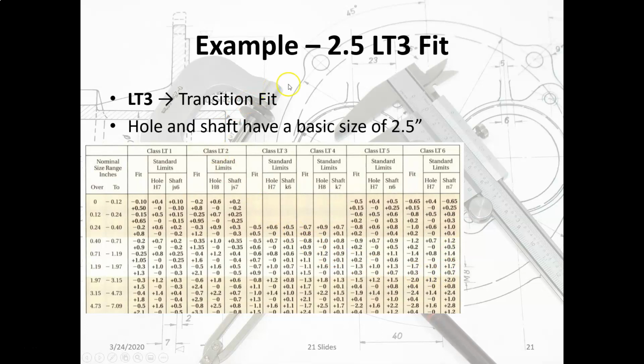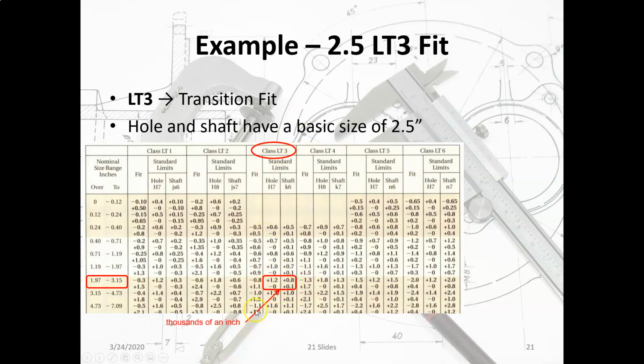We'll stick with 2.5, but this time we'll do an LT3 fit. So we find LT3 right here, and we go down to 2.5, which is right in that range, and we triangulate, and we find that these are the numbers, right?